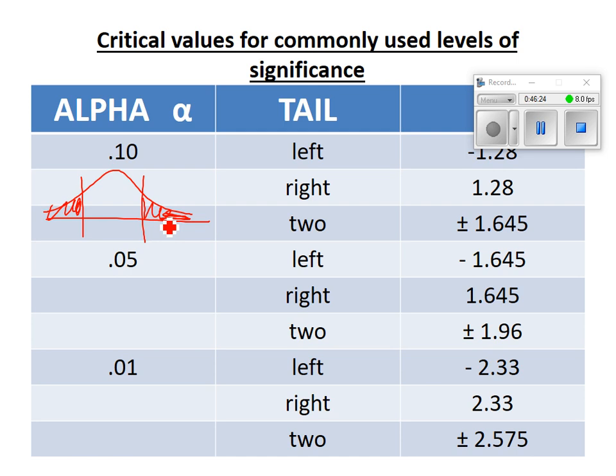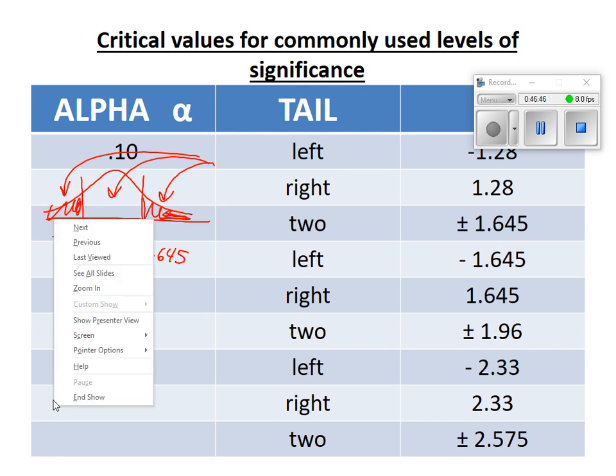This one is a negative 1.645, and this one's a positive 1.645. Then we're gonna find our test statistic, and we're gonna decide, you know, if it falls in there, if it falls in here, if it falls in there, and that tells us whether to reject or fail to reject the null. So that chart's right there on the front. We're gonna use it a bunch.